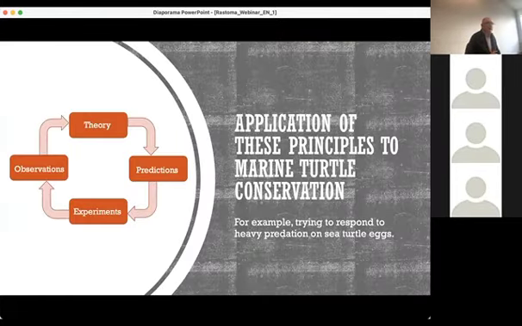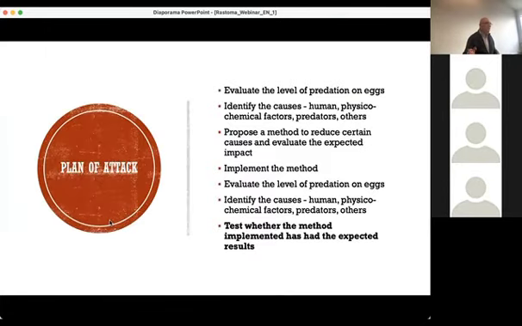Imagine that you want to apply this concept to marine turtle conservation. For example, you try to respond to predation on sea turtle eggs. We see again this graph between observation, theory, prediction, and experiment. You will evaluate the level of predation.